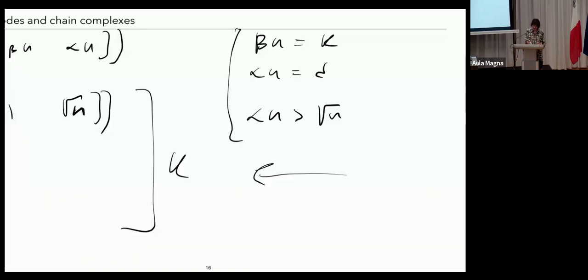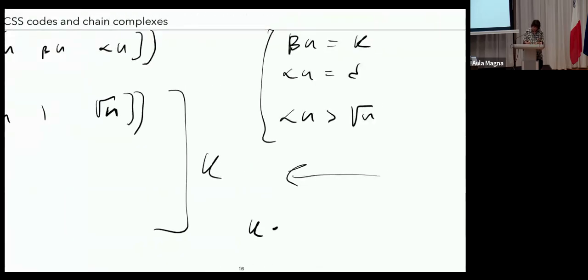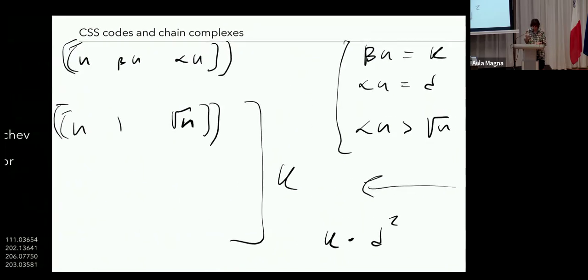What I'm saying is that if you want k logical qubits and distance d, then for the planar code you're going to need physical qubits that scale as k times d squared. You want k logical qubits with your planar code, and d squared is how the n scales with the distance.